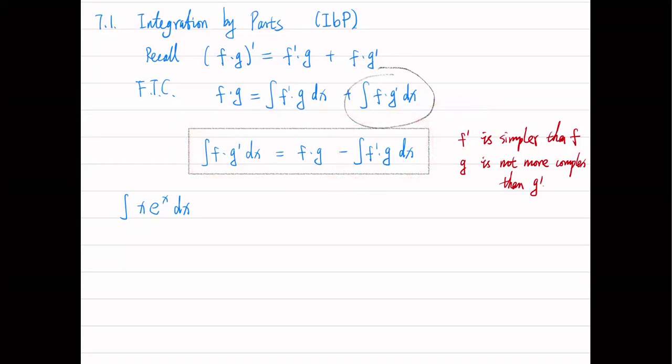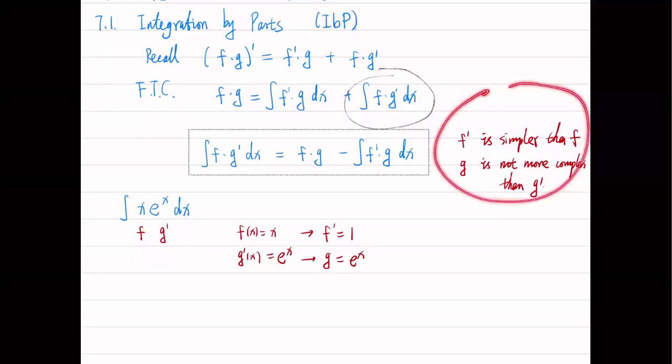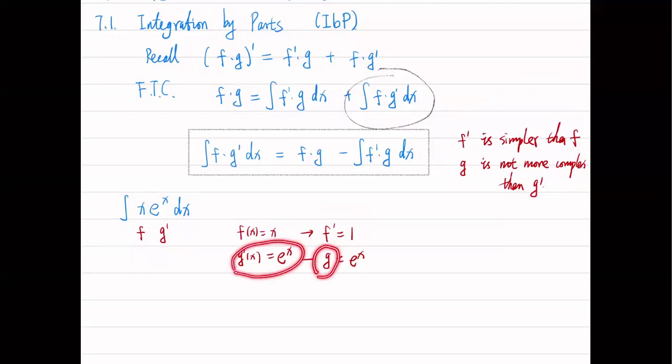This one, we identify this as f, the g derivative. So we can verify our criteria. The derivative is simpler than f, and g is not more complicated than this one.